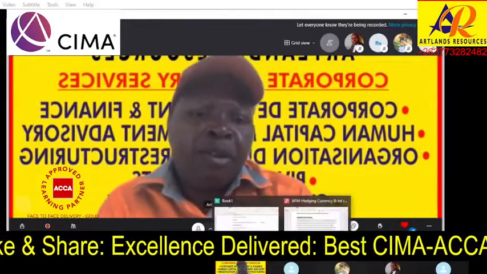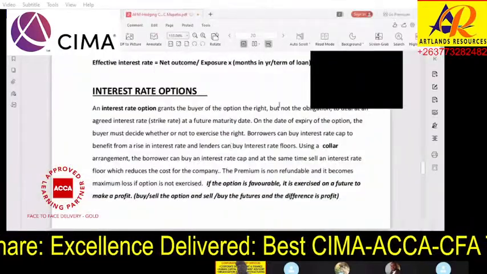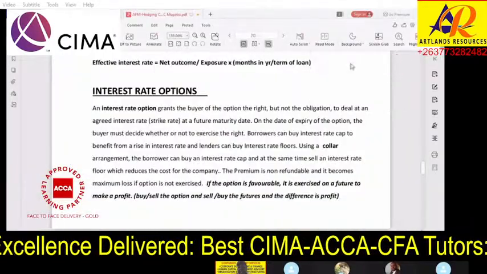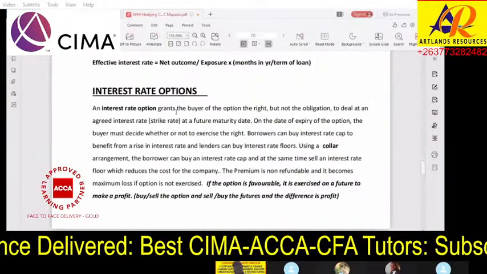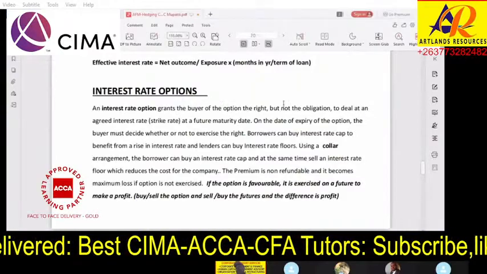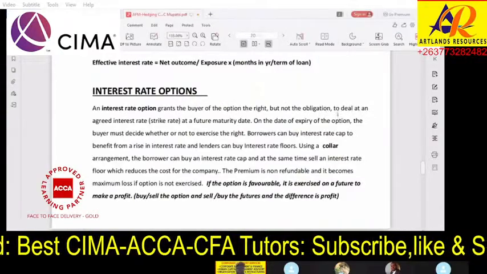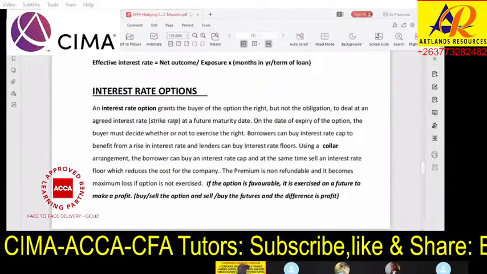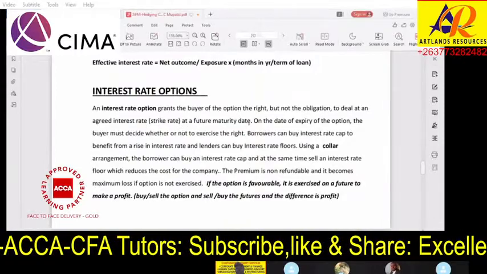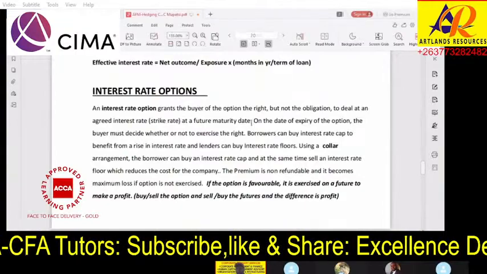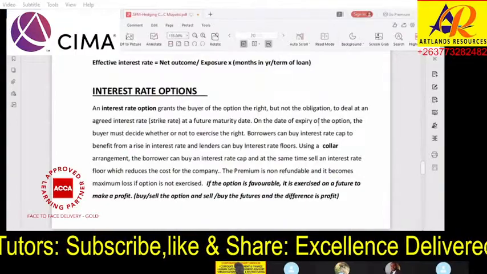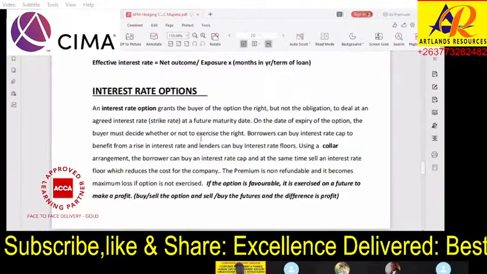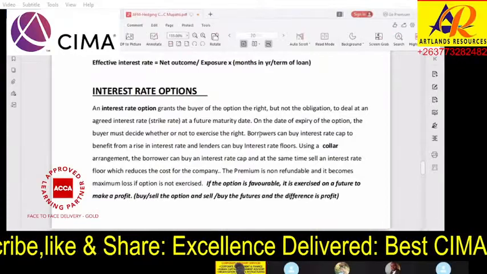So if you look at it like this, an interest rate option grants the buyer of the option the right, but not an obligation, to deal at an agreed interest rate, which is the strike rate, at a future maturity date, meaning when you get the loan. On the date of expiry of the option, the buyer must decide whether or not to exercise the right.